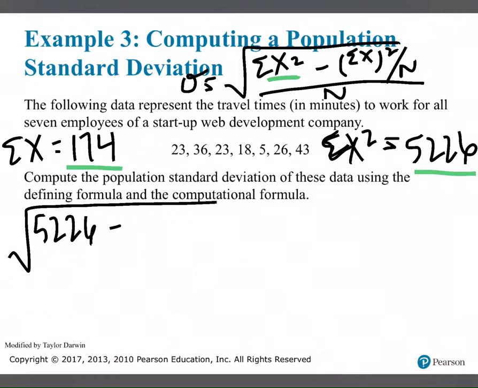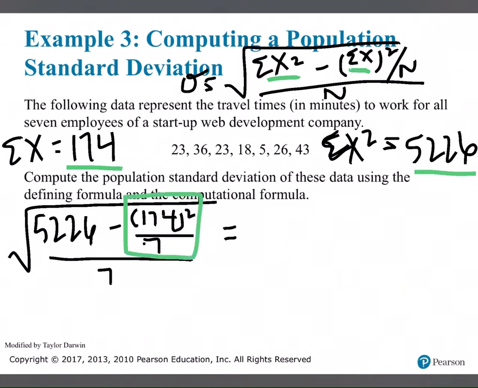This 174 number goes here. 174 squared divided by n, however many people you're talking about. I almost put n, which is 7 in our case, all divided by 7. If you try to do this all at once in your calculator, it's going to probably not give you the right answer. It requires a lot of parentheses. So I would do this part first, and then just do it one little slice at a time.